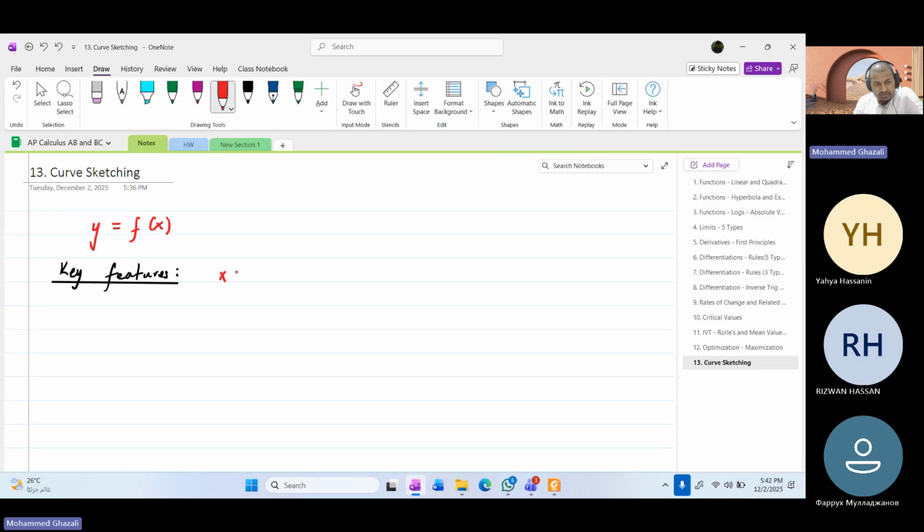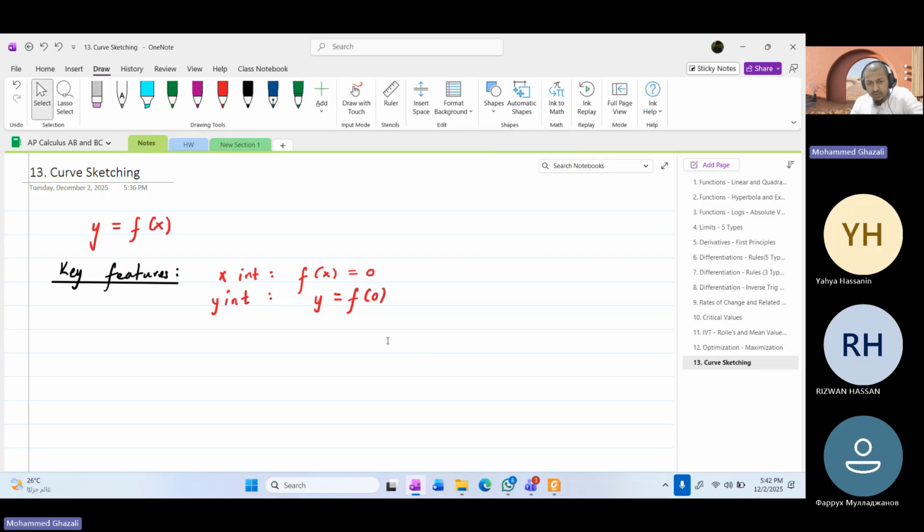How do you find the x-intercept? You make y equal to 0, so we say f of x is equal to 0. How do we find the y-intercept? You make x equal to 0, so y is equal to f of 0. In other words, substituting 0 into the function.